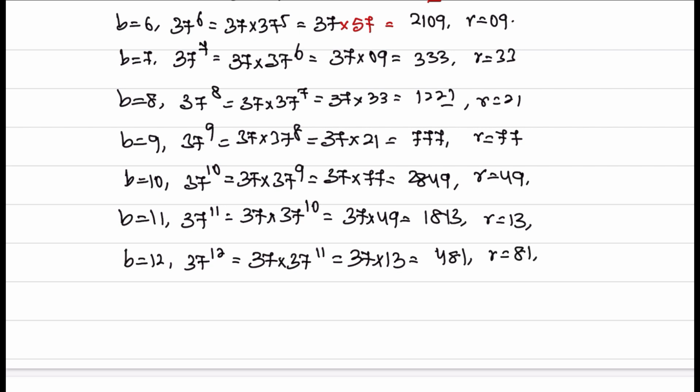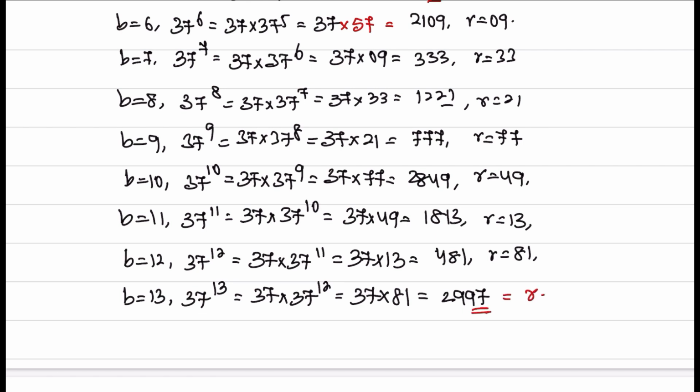Remainder is equal to 81. b is equal to 13. 37 to the power of 13 is equal to 37 into 37 to the power of 12, that is 37 into 81, which is equal to 2997. Here you see the remainder has come as 97.